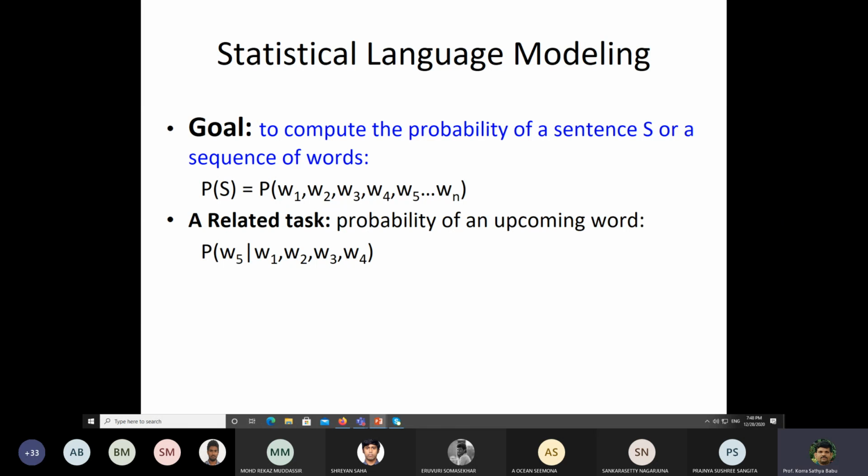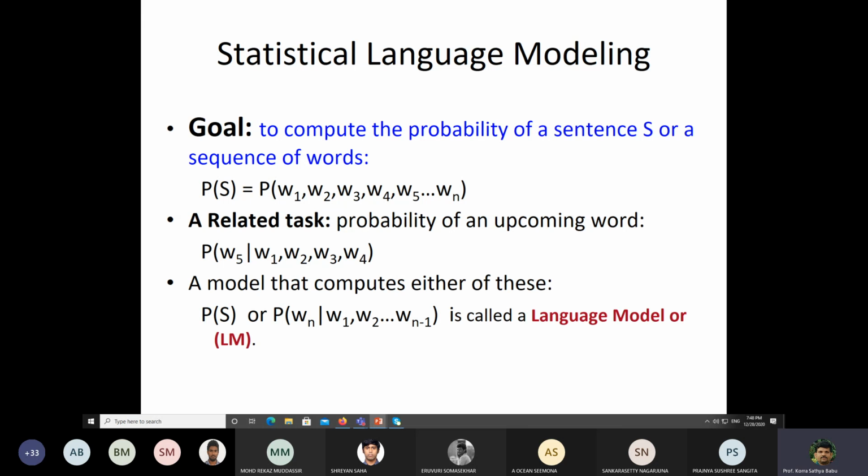So a model which computes either of these, either the probability of a sentence, which is equal to probability of the sequence W1, W2, W3, W4, W5 up to Wn, or the related task, the probability of the next word like W5 given W1 through W4, is called a language model.